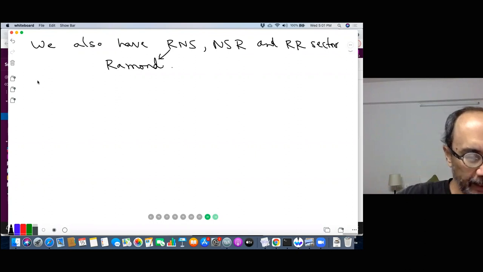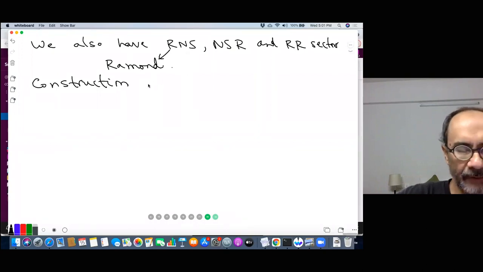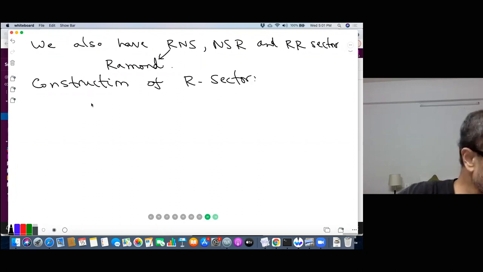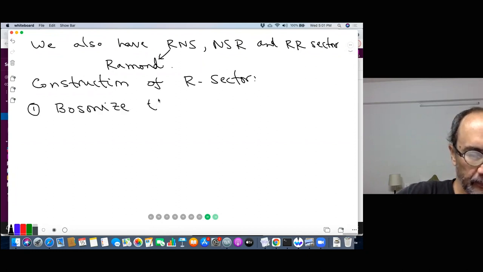Construction of the Ramond sector. I'll describe the holomorphic sector; a similar construction exists for the anti-holomorphic case. The first step is to bosonize the psi mu's. We bosonize them by first combining 2 psi's into 1, complexifying.